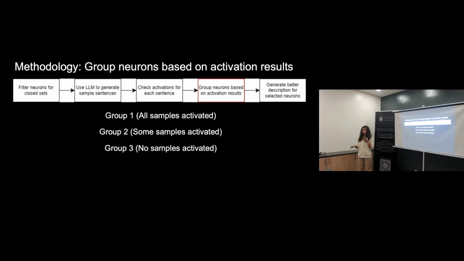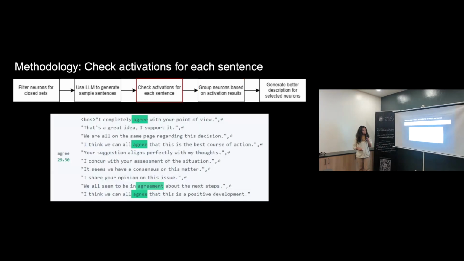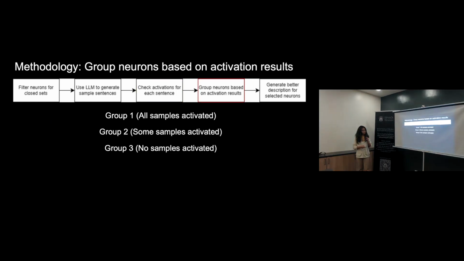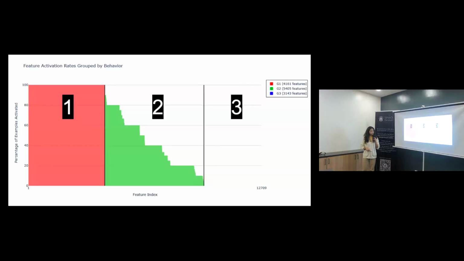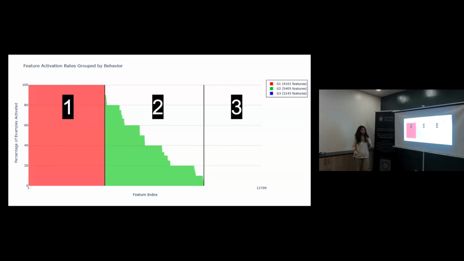Because the sample sentences were generated based on the description. But we'll see later how that goes. And lastly, the question is, can we make a better description based on the sample sentences that did or did not activate?